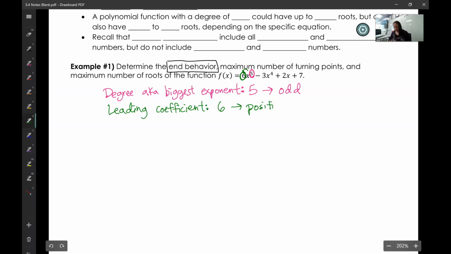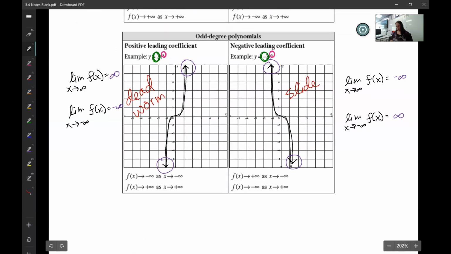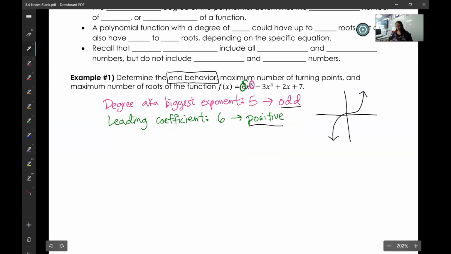For the leading coefficient, you only care if it's positive or negative. That's it. So this is going to be a positive odd, which means this is going to be my dead worm. So I look over here, my positive odd, that's this one, dead worm.